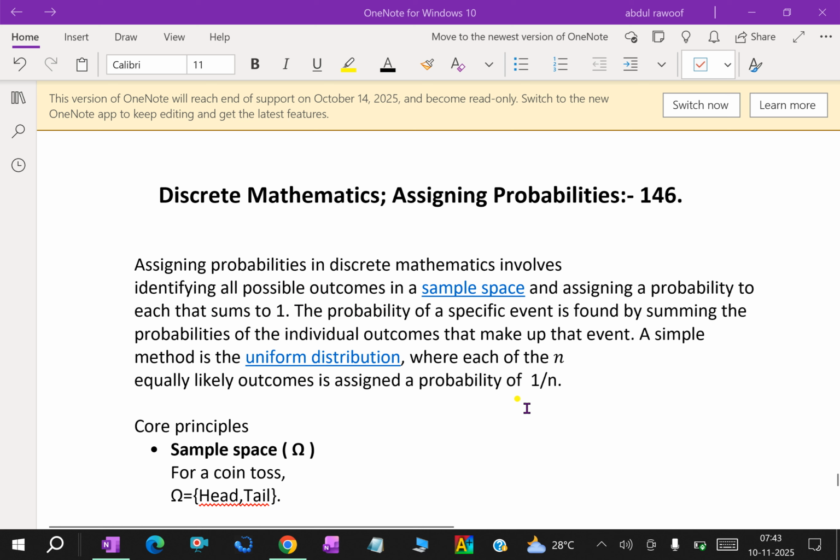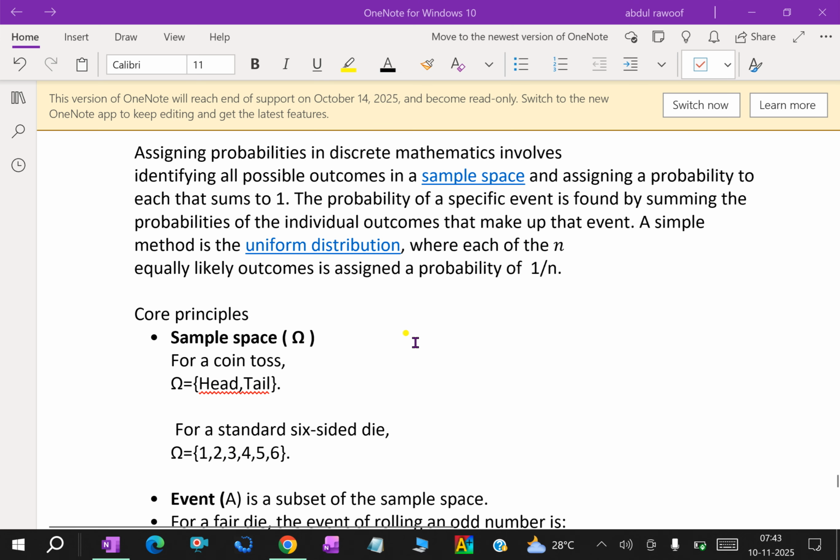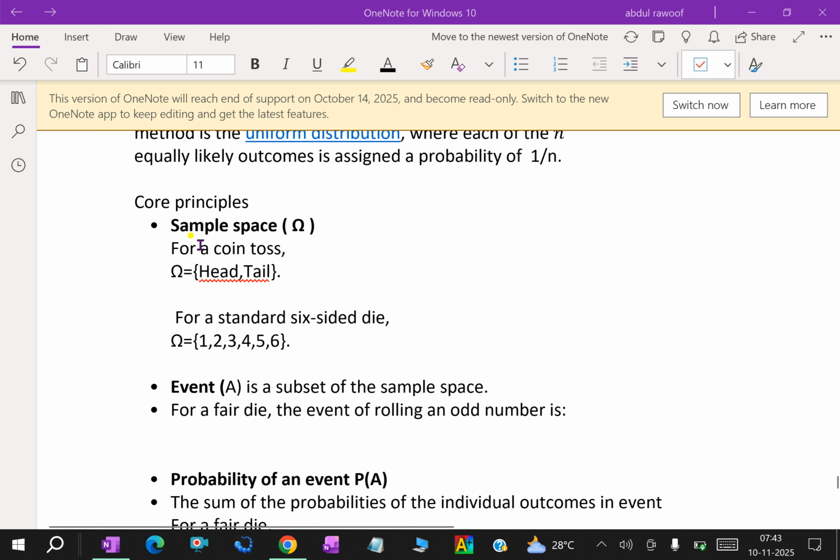The probability of a specific event is found by summing the probabilities of the individual outcomes that make up that event. A simple method is the uniform distribution, where each of the n equally likely outcomes is assigned a probability of 1 over n. If there are n equally likely events, the probability of each is 1 over n in a uniform distribution.